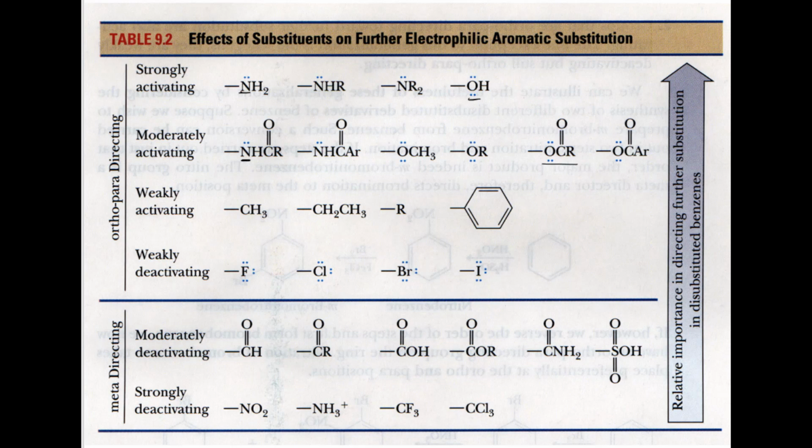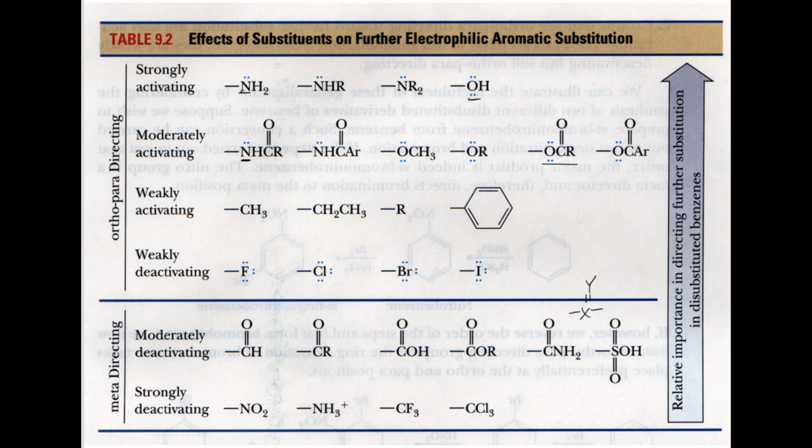Then alkyl groups and benzene rings were also activating. And then the deactivating groups started with halogens, all the carbonyls, including the SO3H group, which looks like the X double bond Y group, which is why it's classified here. It does the same thing.